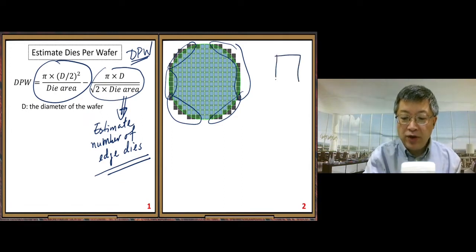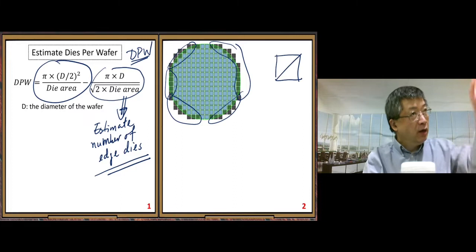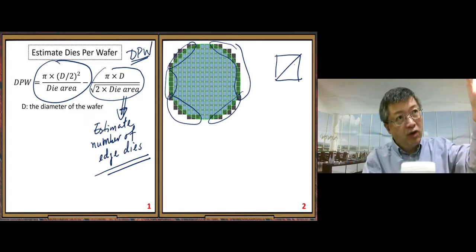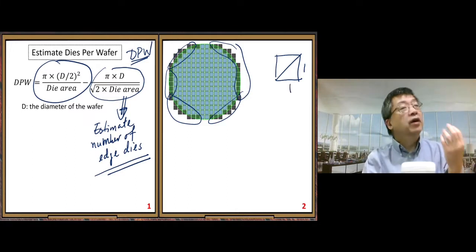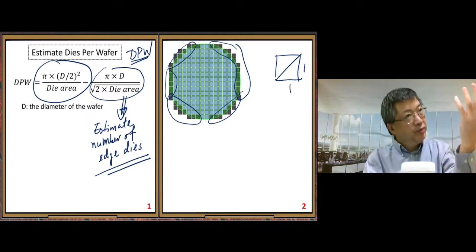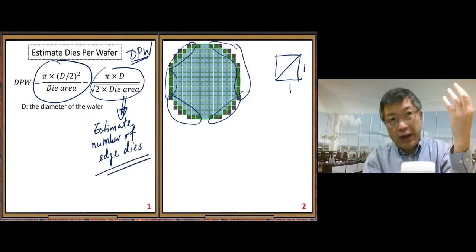This time we use the diagonal of the square. In this formula we assume the die takes a square shape. We know that's not accurate.